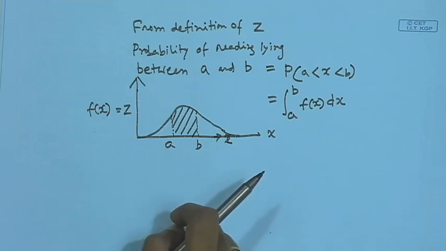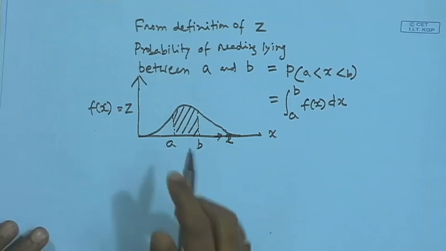This probability information is sometimes given in terms of the cumulative distribution function.